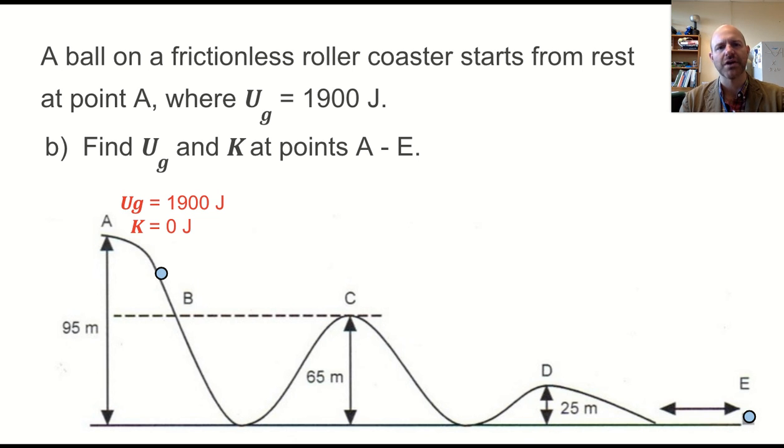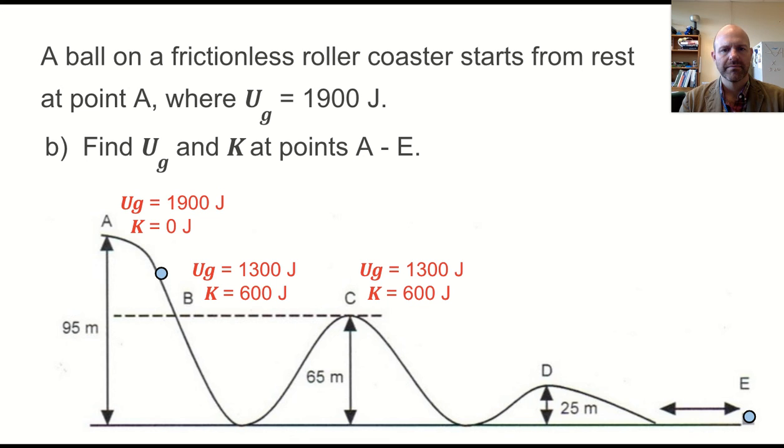We start at rest, 0 kinetic energy, and we have 1900 joules of gravitational potential. As it goes down the hill, we get more kinetic and less potential, until we are at the bottom where we have all kinetic and no potential.